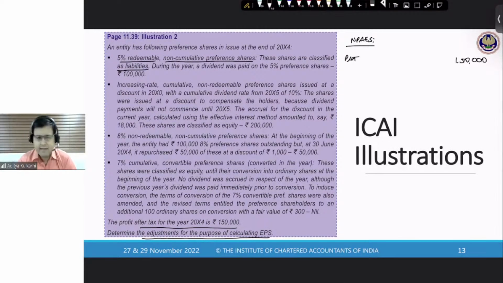And it's right. Essentially it is classified as liabilities. That means the finance cost is recorded in P&L. Hence, ignore. In the PAT of rupees 1,50,000, this adjustment is already recorded and therefore we will not be doing anything.